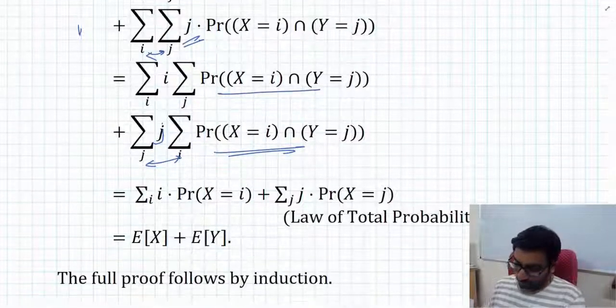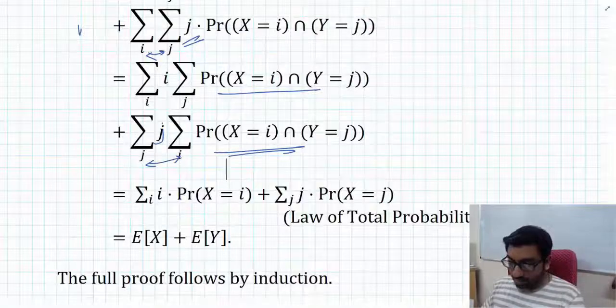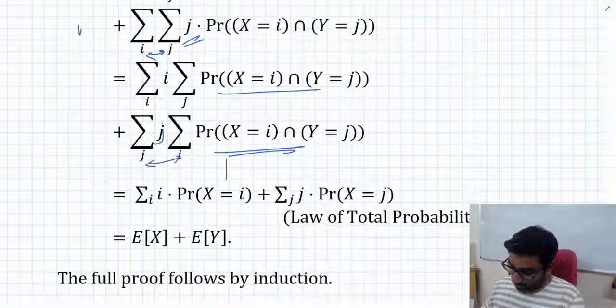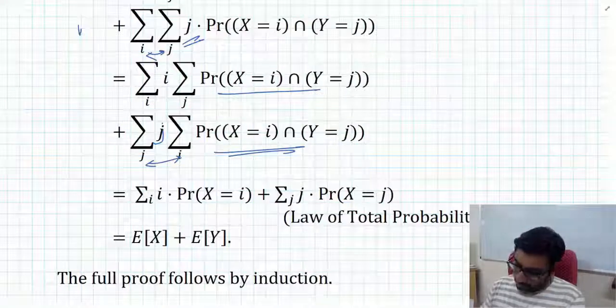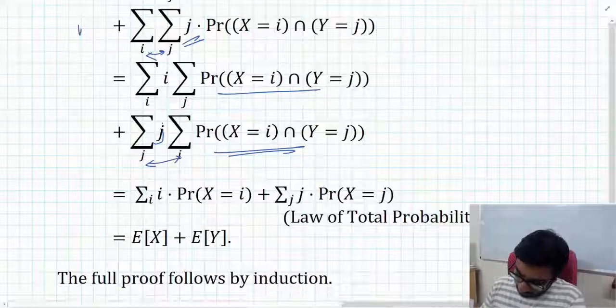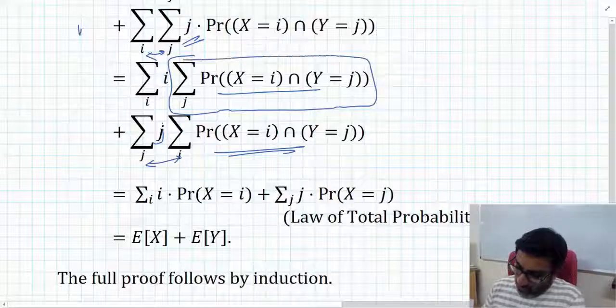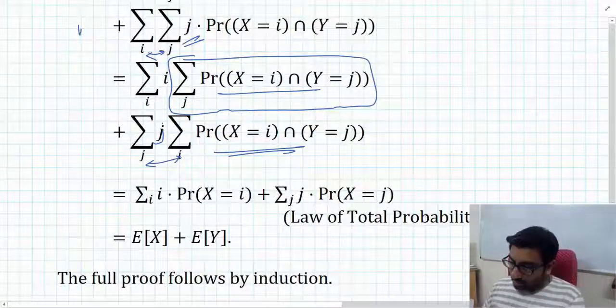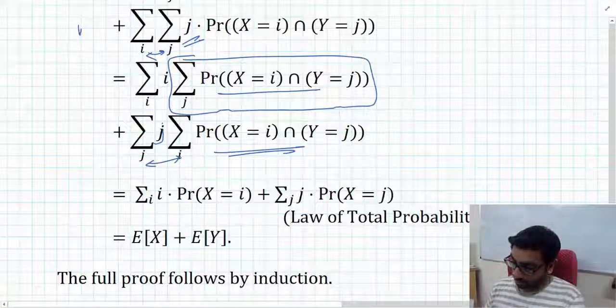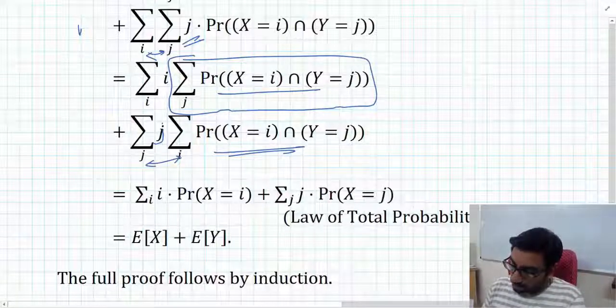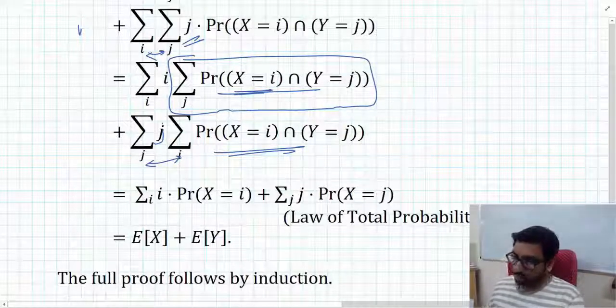Now here's something interesting. Let's look at this particular expression to understand what's going on. This is a summation over several j values, that is, values that Y can take. And inside of this summation, the event X equal to i is unchanged.